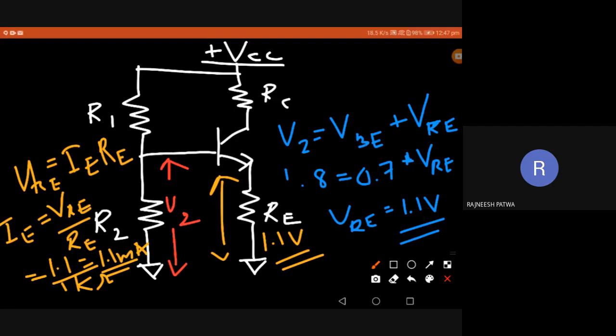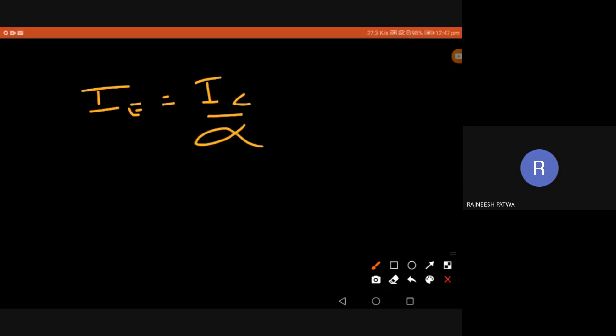Okay, now we got IE also. Now when we got IE, how to find the other thing? We know IE equal to something. Now we have to find IC. So we have IC divided by alpha, so I can write IC equal to IE into alpha, right?